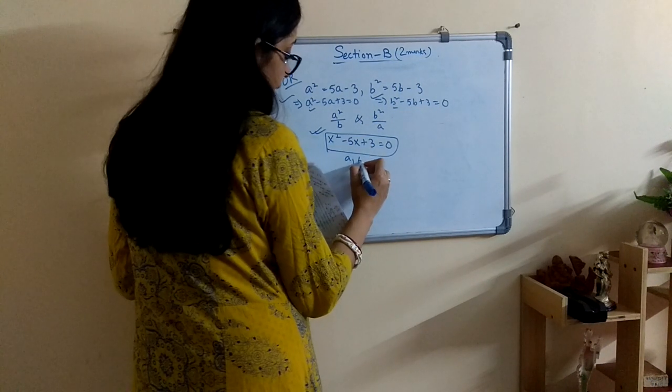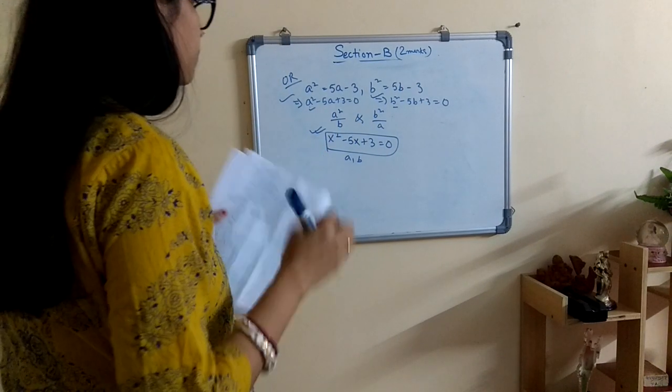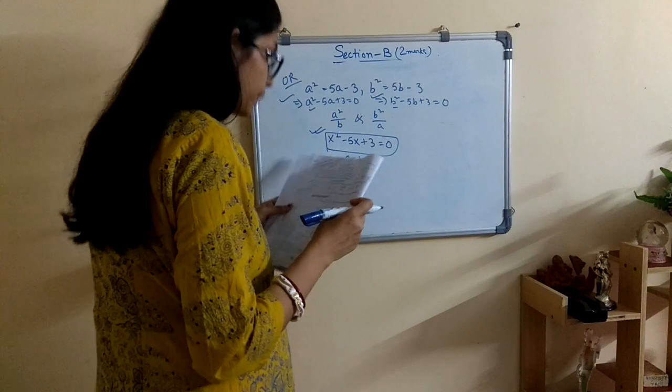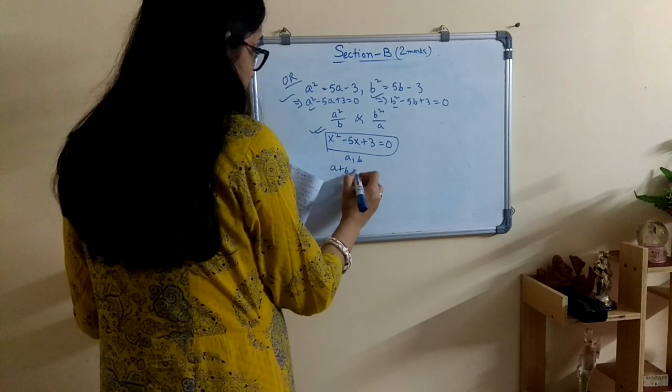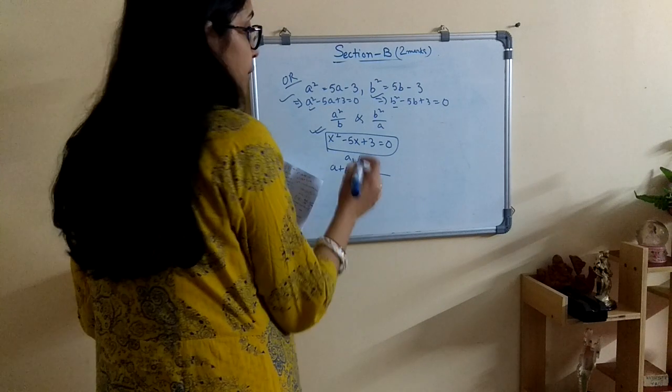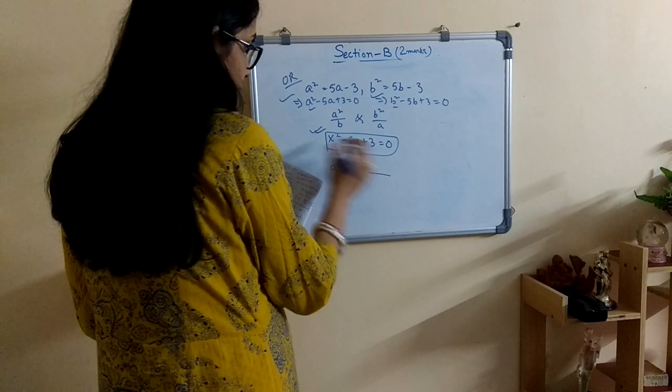If the roots are given, we know the sum of the roots and the product of the roots. The sum of the roots is minus the coefficient of x by the coefficient of x square.